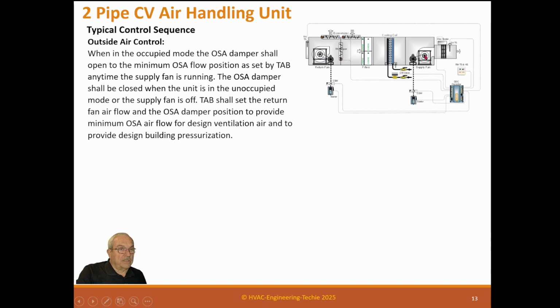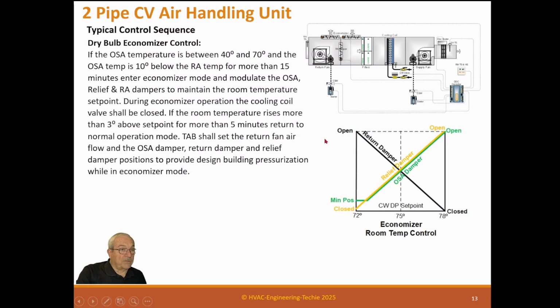So he sets the supply fan up and balances all that, and then he goes to the return fan and sets its speed so that the building pressure is where they want it. And then they have to do it all over again when it's in economizer mode, to rebalance these. But that's basically the process of making sure the room has the correct pressure.